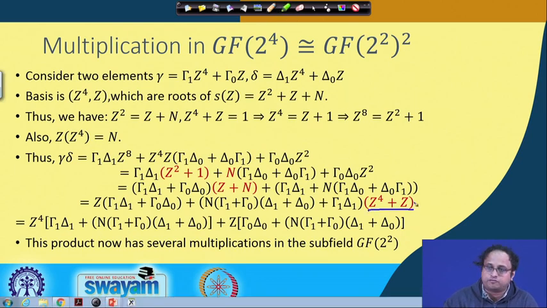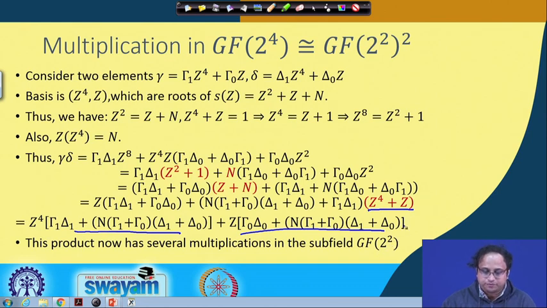The other term already has z, which is fine, since z is a basis element. Therefore I split my result into two parts, one which has z and the other which has z^4. This product will again have more multiplications in the subfield GF(2^2).